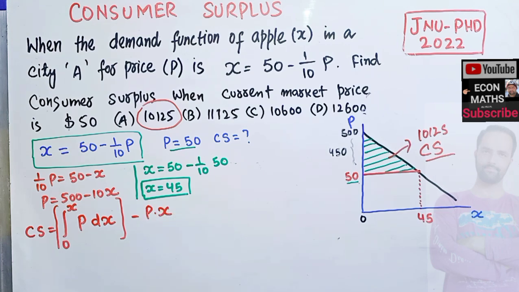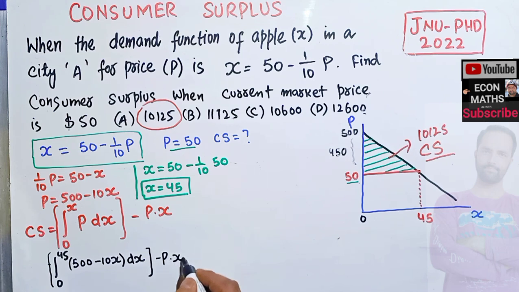So we have the definite integral from 0 to 45 of the demand function, 500 minus 10x, integrated with respect to quantity. To this we subtract the total expenditure, that is P into x. This will give us the consumer surplus.